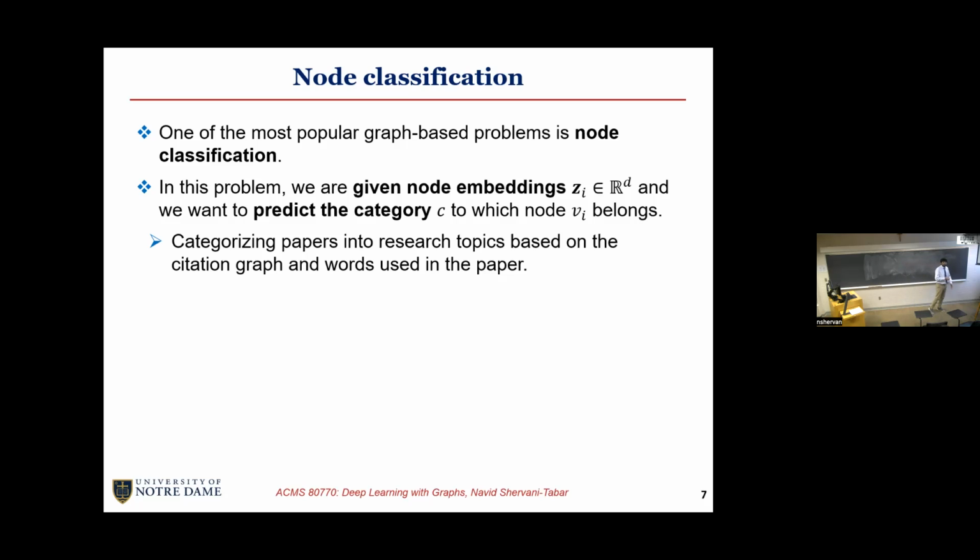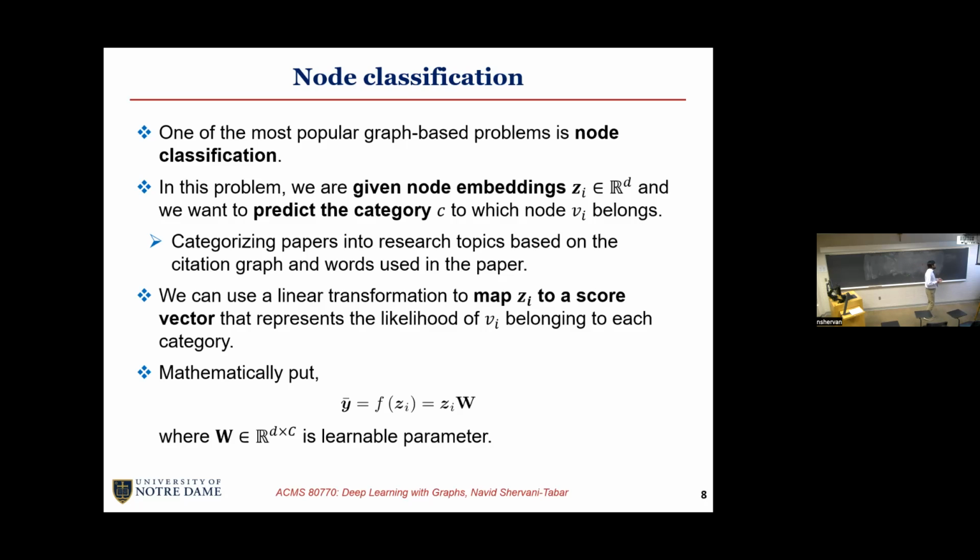Basically, we know what the labels are for some papers. We know the words that have been used in different papers, and using those, we want to categorize them into the different categories that we have. Let's say that's science, engineering, and humanitarian sciences. So for that, we're going to take our node embeddings and use some linear mapping that maps these into some scores.